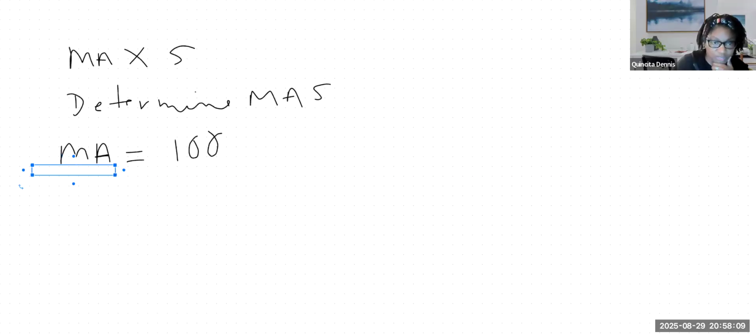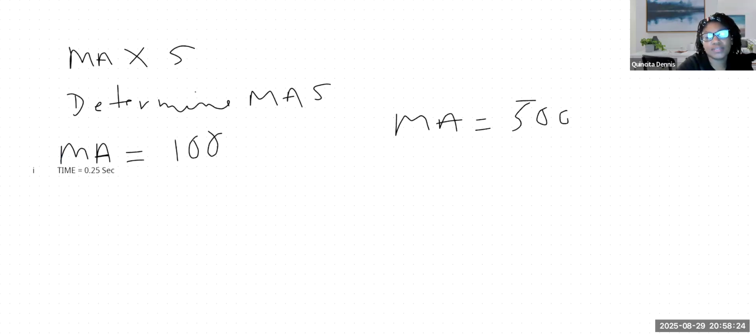The next one is mA is equal to 500, and the time is equal to 100 milliseconds.